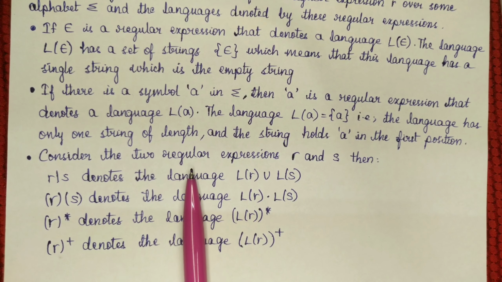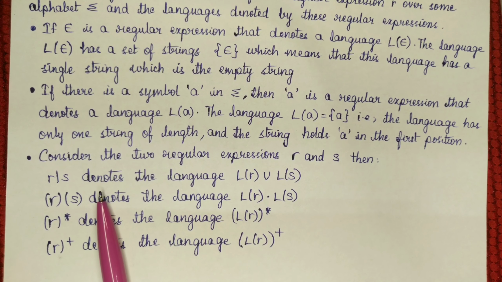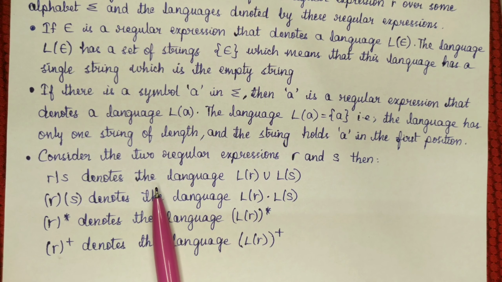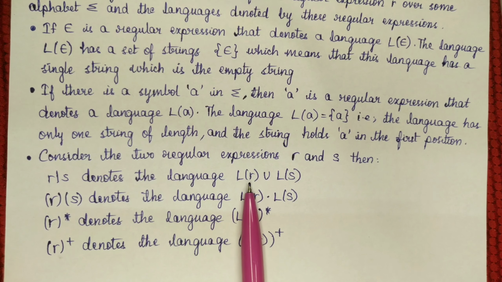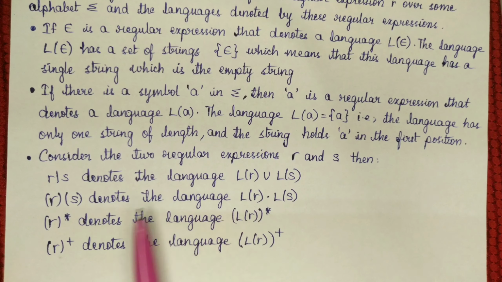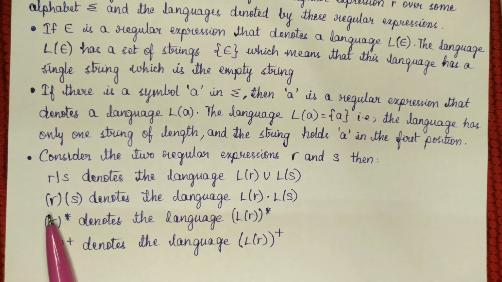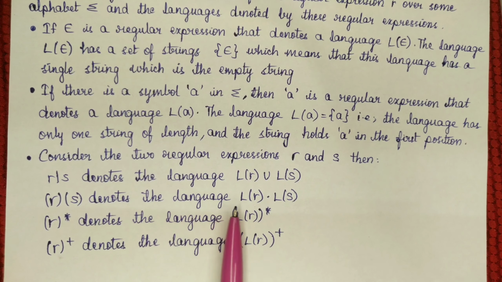If R and S are two regular expressions, then the union of two regular expressions is regular, meaning R|S denotes the language L(R) union L(S). Concatenation of two regular expressions is regular. That means R.S denotes the language L(R).L(S). Kleene closure of a regular expression is regular.